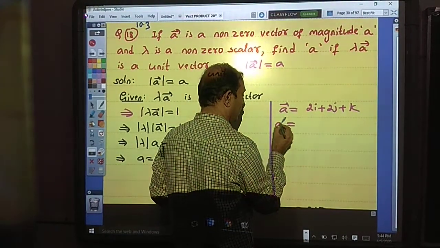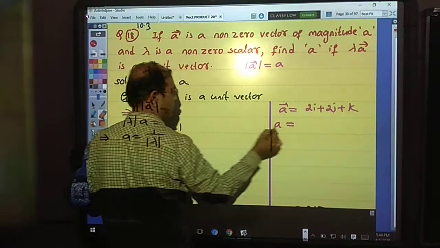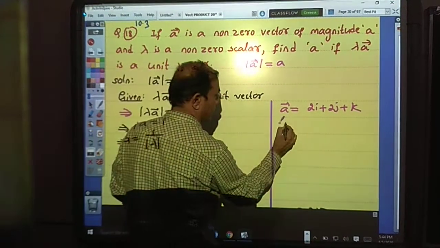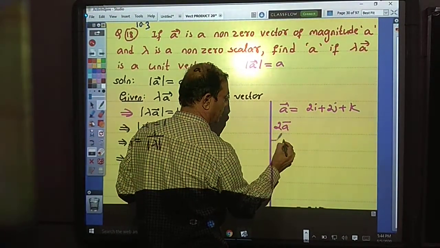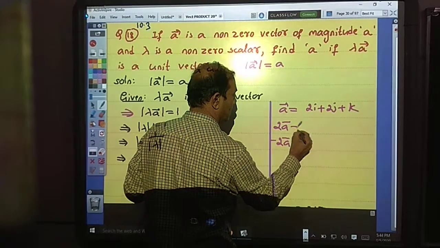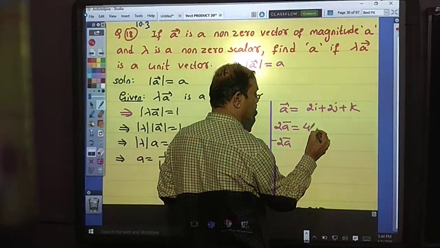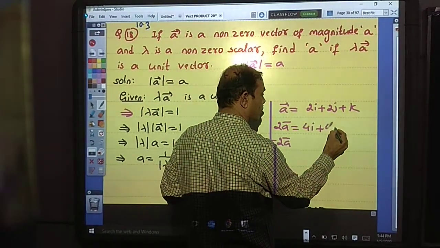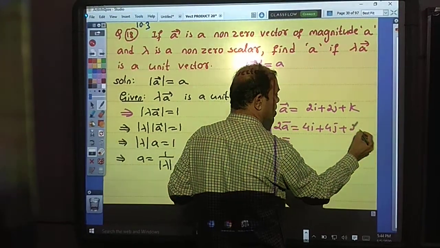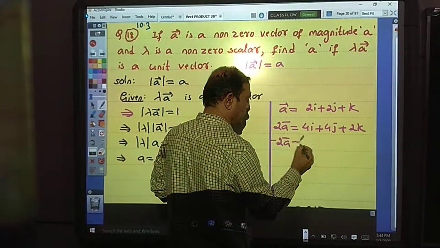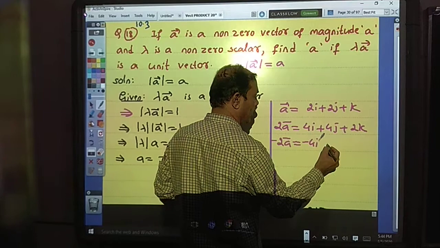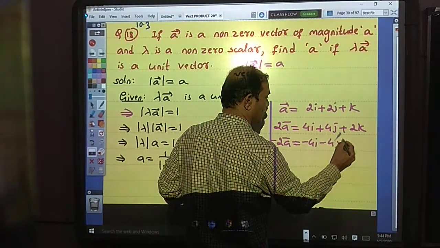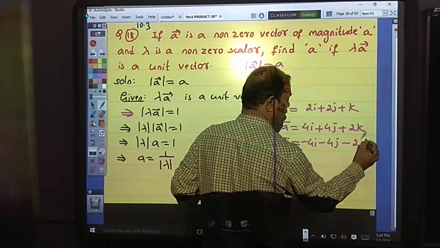If I take 2a or minus 2a, see what it is. 2a is 4i plus 4j plus 2k, minus 2a is minus 4i minus 4j minus 2k.